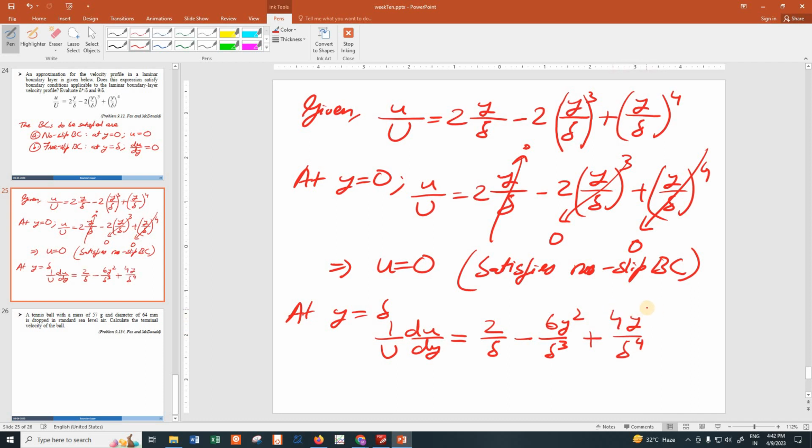At y is equal to delta, this would become 2 by delta minus 6 by delta plus 4 by delta, so this would become 0.